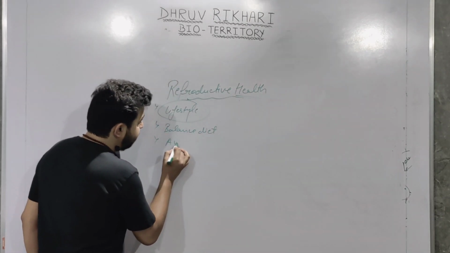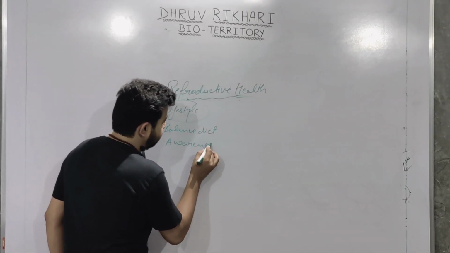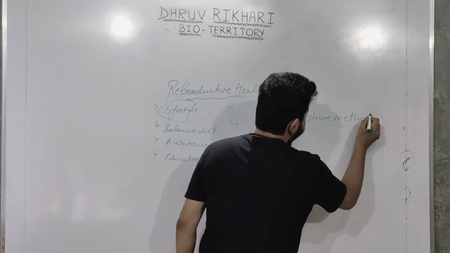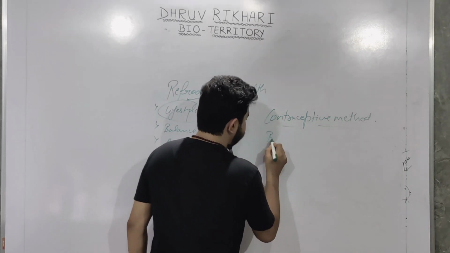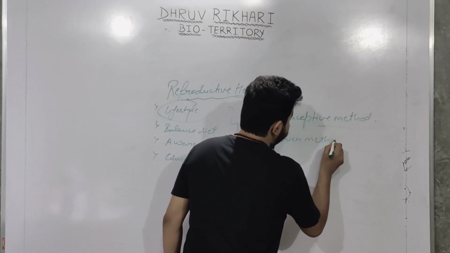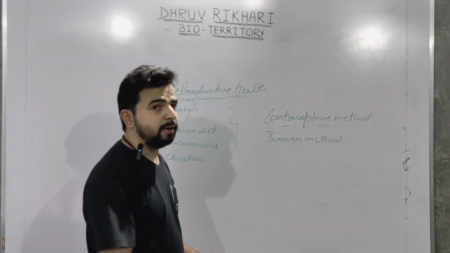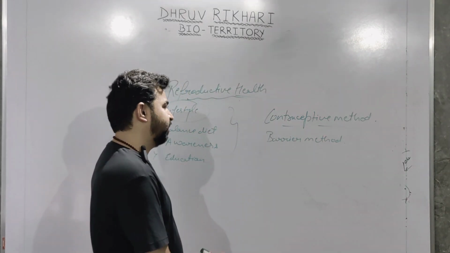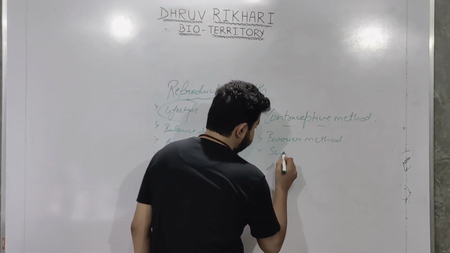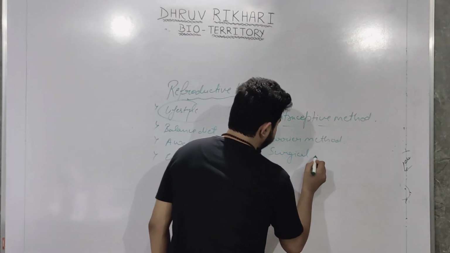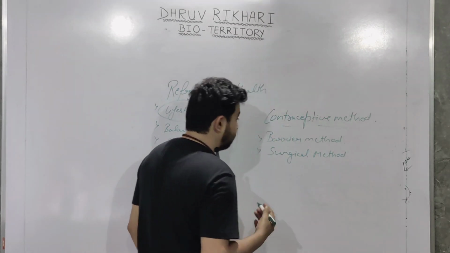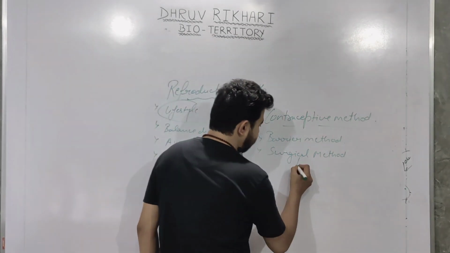We have to be very aware, right? There are certain contraceptive methods needed to be taken, like certain barrier methods which can prevent unwanted pregnancy, right? There are certain surgical methods which are a permanent cure for both male and female.